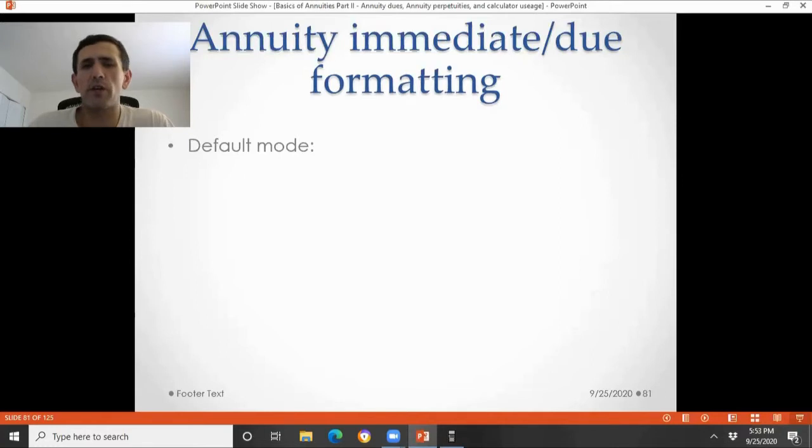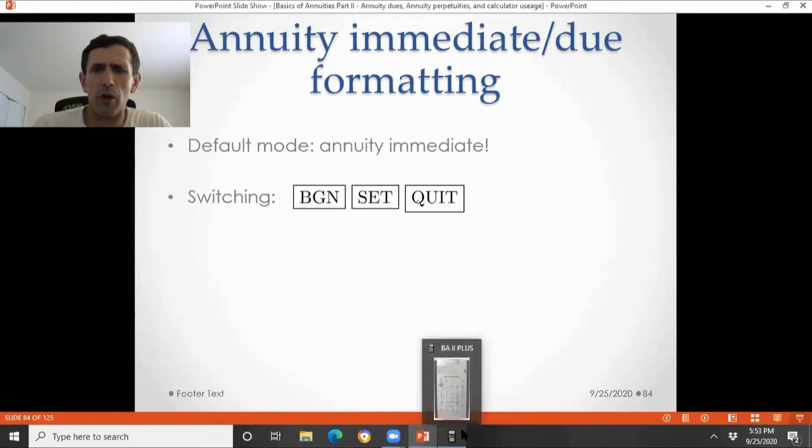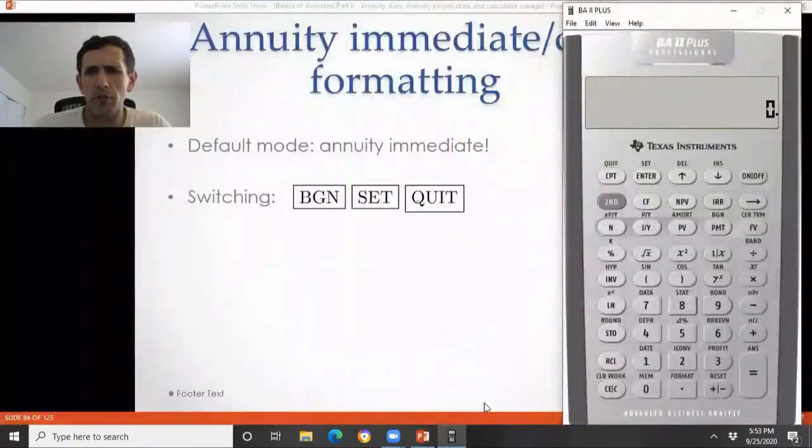Okay, so let's get to more interesting things, particularly how to do annuities in the calculator. First of all, before I do anything, you need to understand that we have 2 basic types of annuities, annuity immediates and annuity dues, and annuity immediate is the default mode. To switch to annuity due, let's just do exactly what I have here.